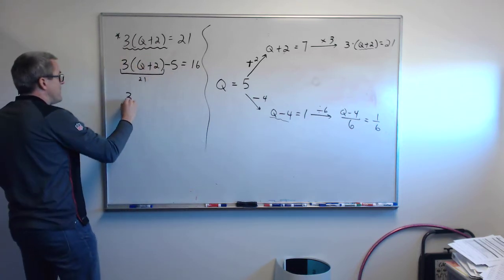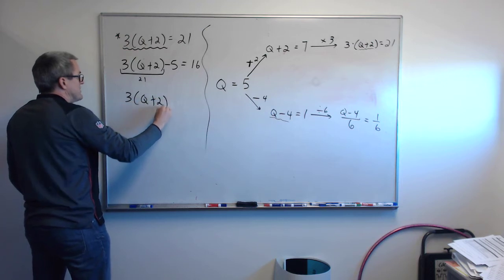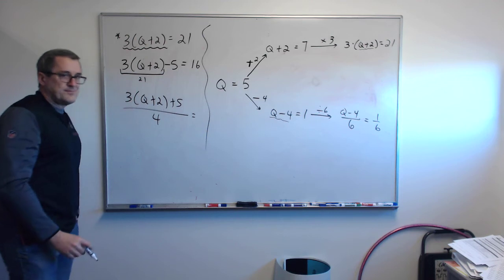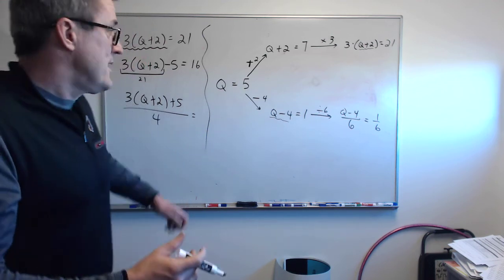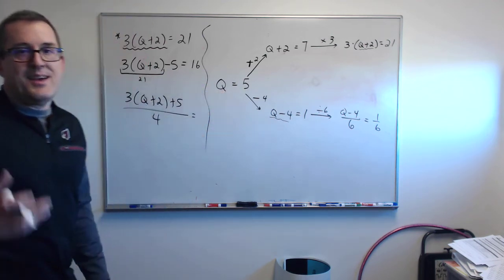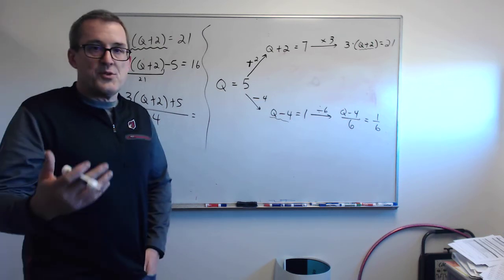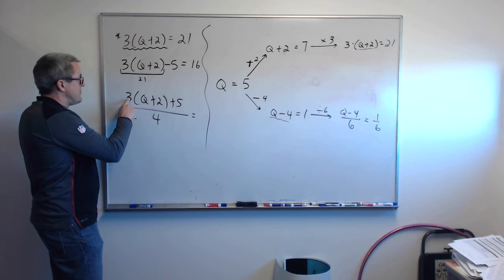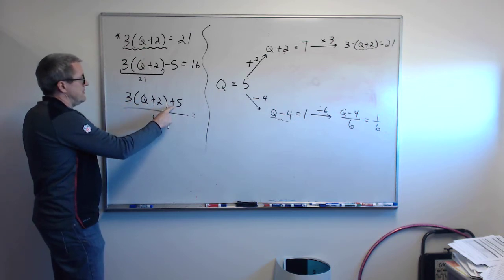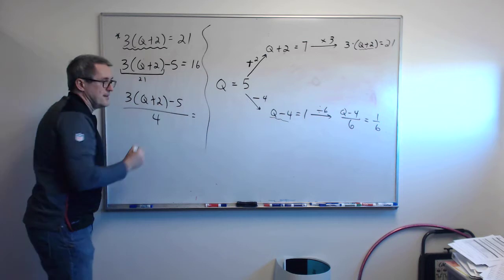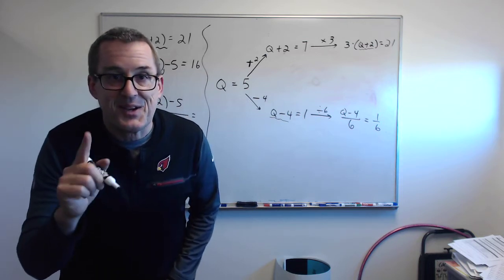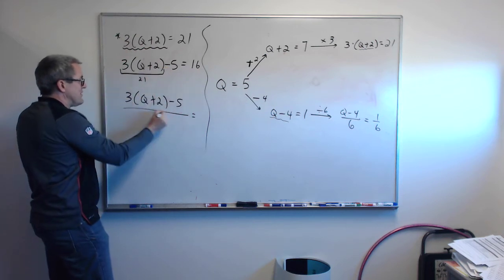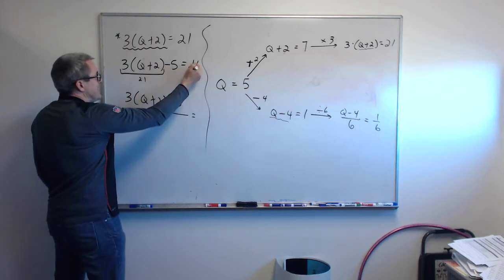How about this? What if I wanted you to tell me what 3 times q plus 2 minus 5, all divided by 4 would be? Now again, starting with this truth claim, can you figure out some other truths? Can you figure out some other equations? And the answer is yes. 3 times q plus 2 minus 5, we know all of that is 16.